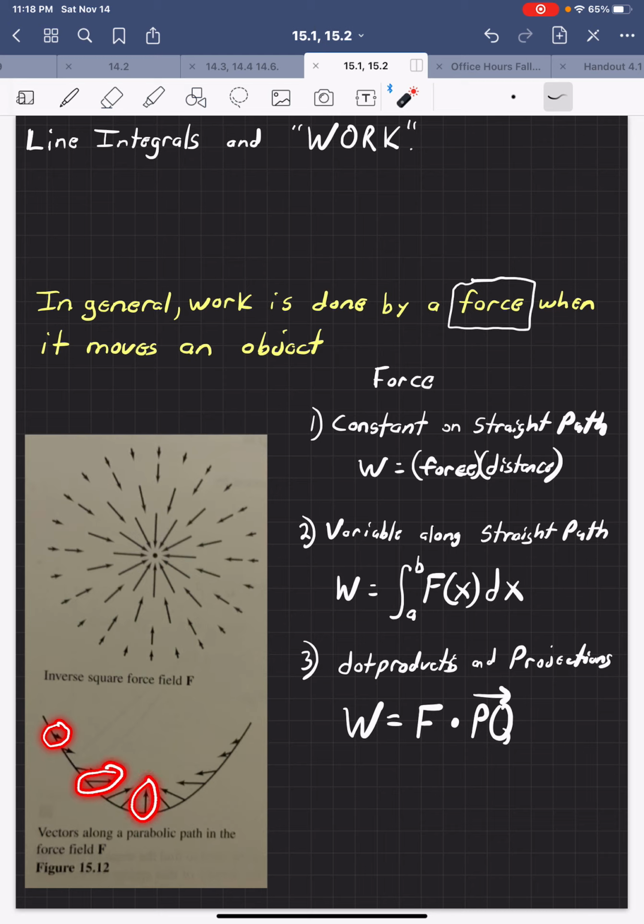So what we want to be able to do is come up with a way of calculating the accumulation of force, only now we're going to have some object moving on some curve, some path through a vector field.